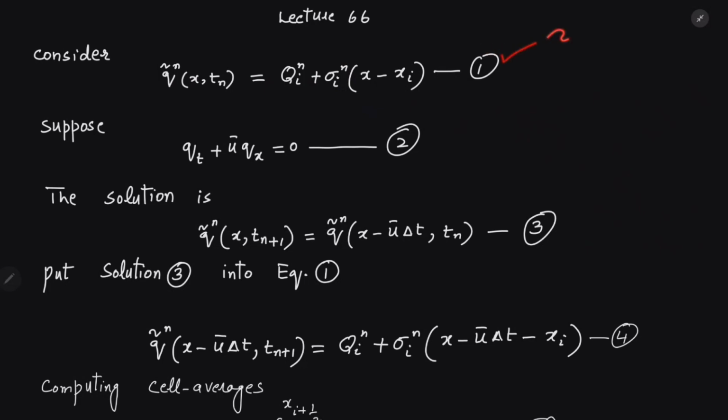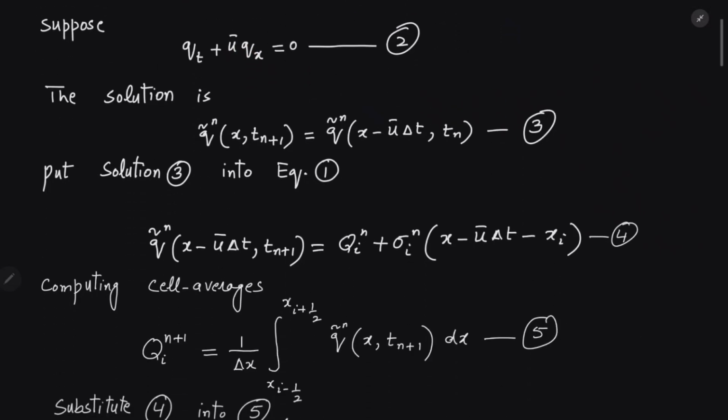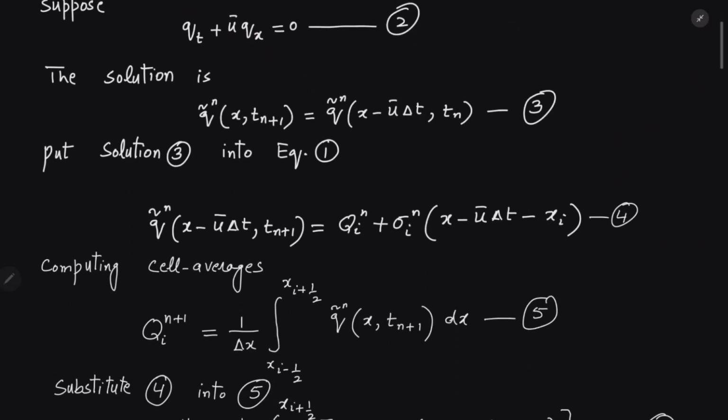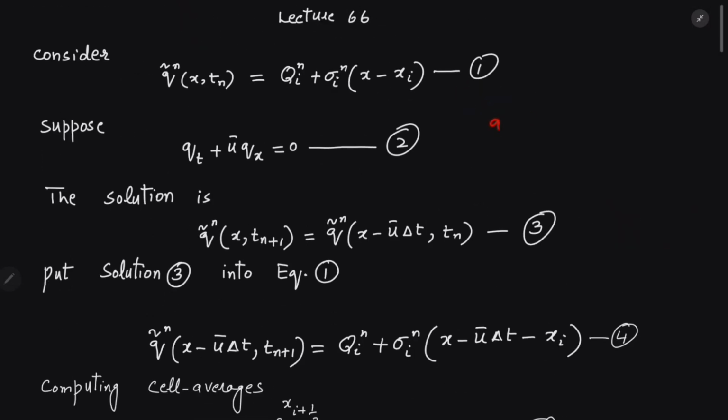We derive this for the advection equation. Equation 2 is our advection equation. We know that the advection equation has a solution x minus u bar delta t. At the initial time t equals 0, if we have sin x, then the new value or the solution can be obtained as x minus u bar t.